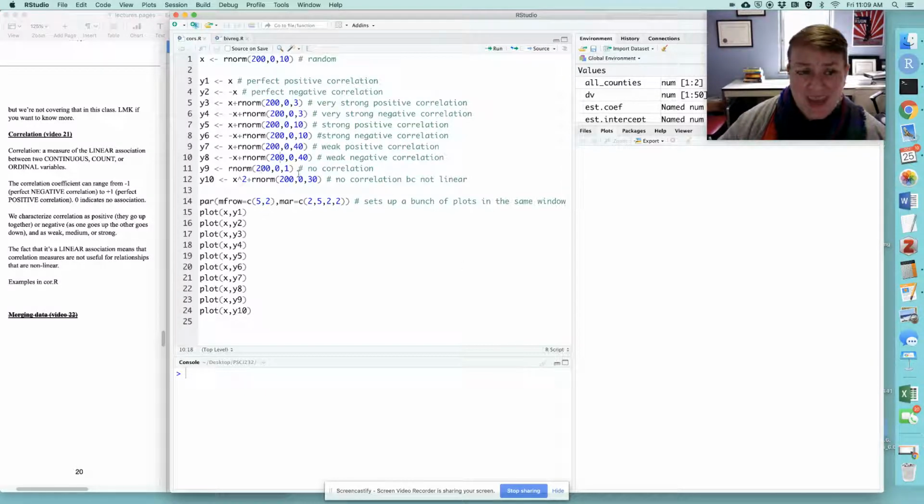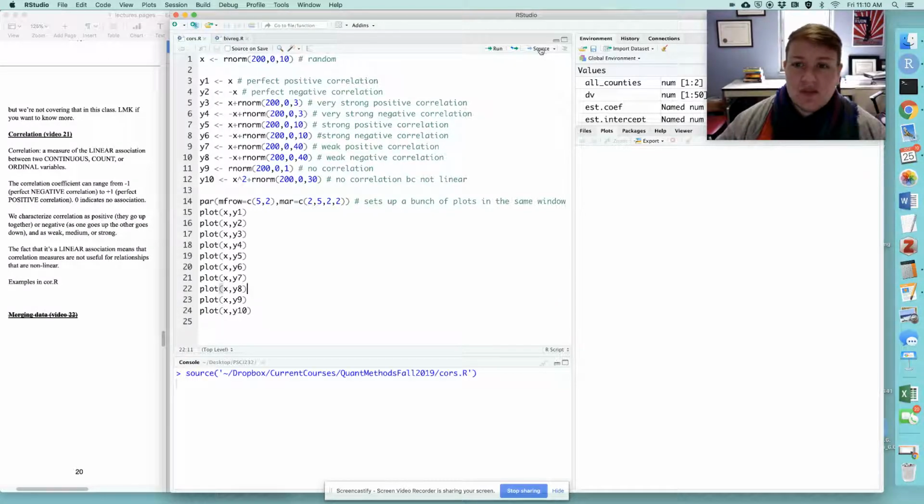It is in fact x squared plus an error term, but because it's not linear, it would show up with a correlation of essentially 0. Line 14 there is a way to set up multiple plots in one window, in case you're wondering. And all of these are just scatter plots. In all of these, x is on the x-axis, and the different y's are on the y-axis.